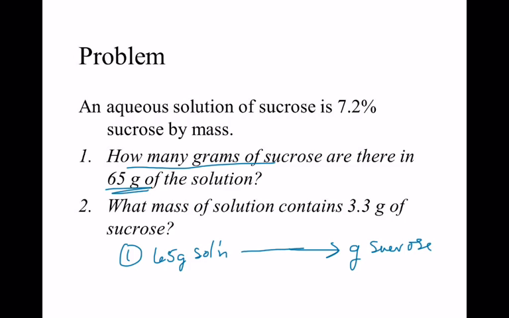And I'm going to show you how we can actually use weight percent to do that. The second one is what is the mass of solution? So question mark grams solution goes over there on the right of 3.3 grams of sucrose.